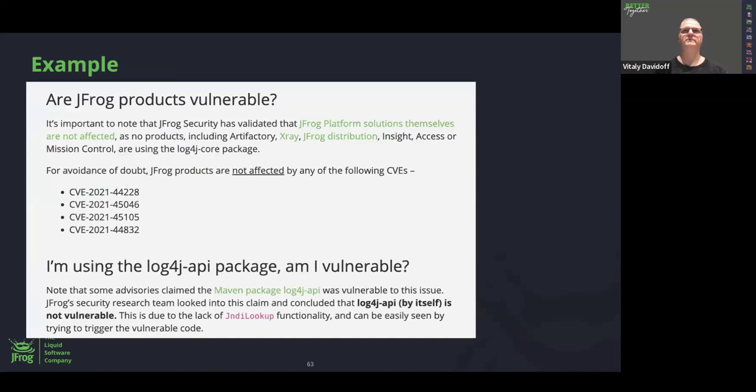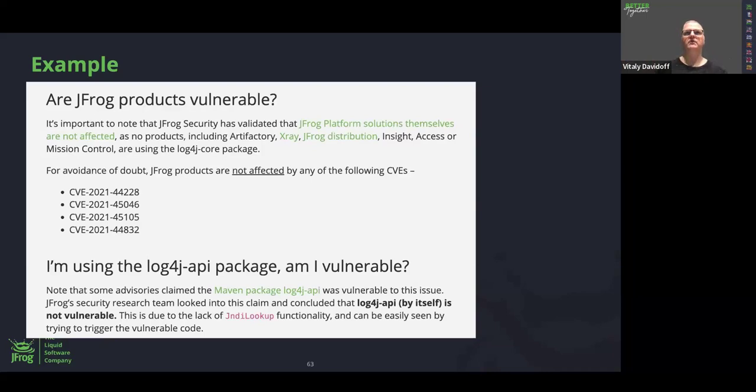Let's take an example. Back in 2021, I think it's the 25th of December, if I'm not wrong, I can't recall exactly the day. So we have now Log4j. Great, Log4j. The software composition analysis tool started alerting on this very critical CVE.